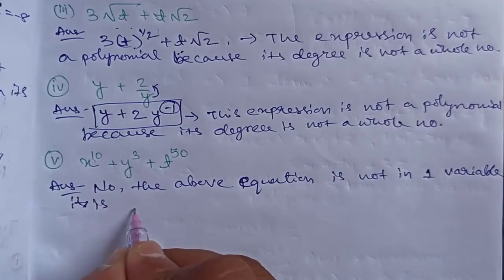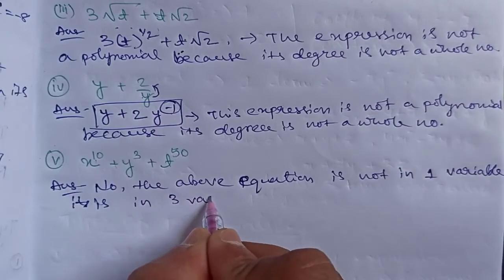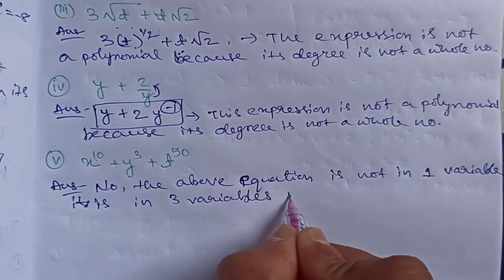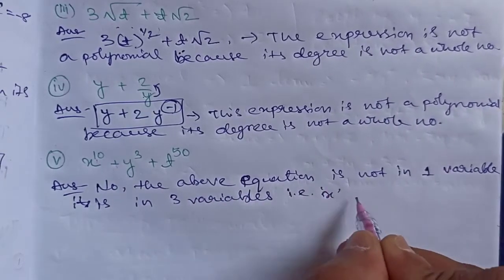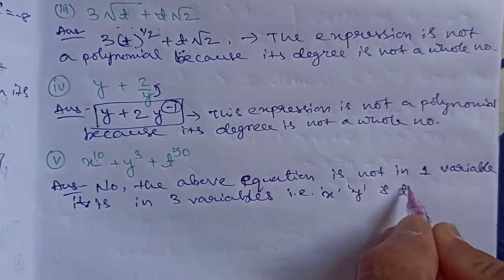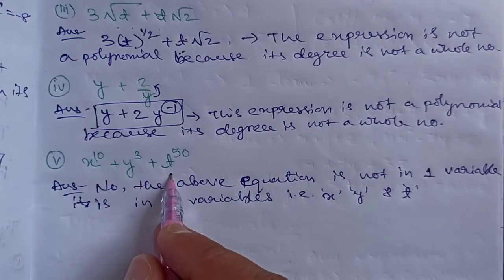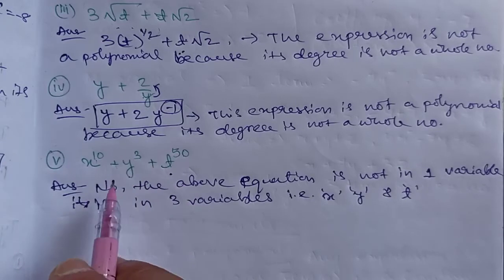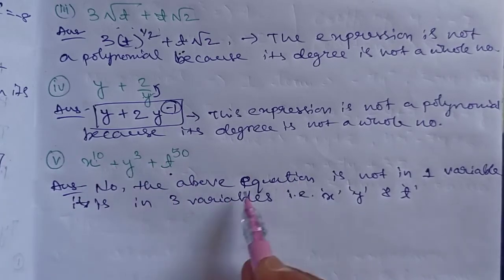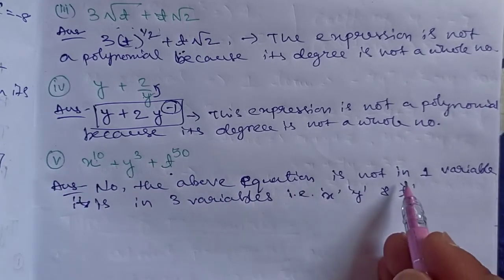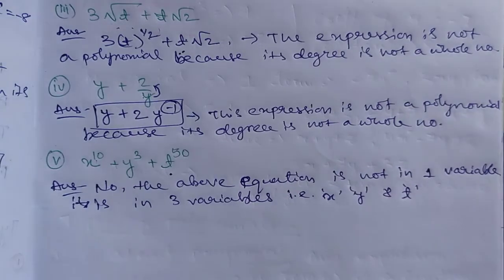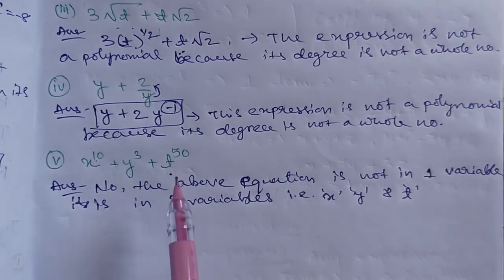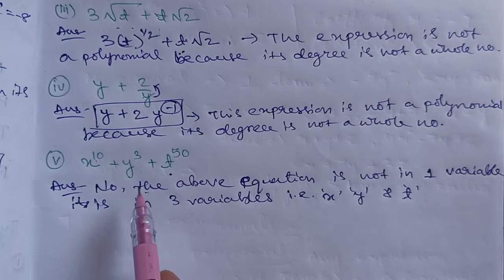It is in three variables, that is x, y and t. Three different alphabets are used for this equation, that's why this equation is in three variables. It is not in one variable. In this way you can identify whether it is a polynomial or not and whether it is in one variable, two variable or three variable.